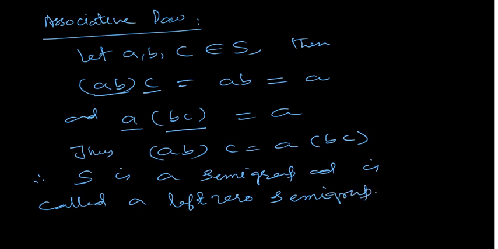Why do we call it left zero? Actually every element of this semigroup is a left zero. The reason why we call it a left zero semigroup is that we can easily verify that every element of this semigroup is left zero.